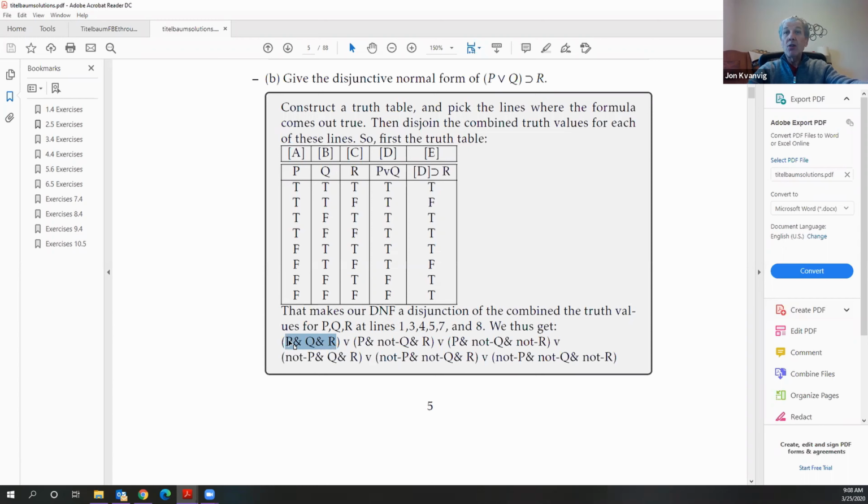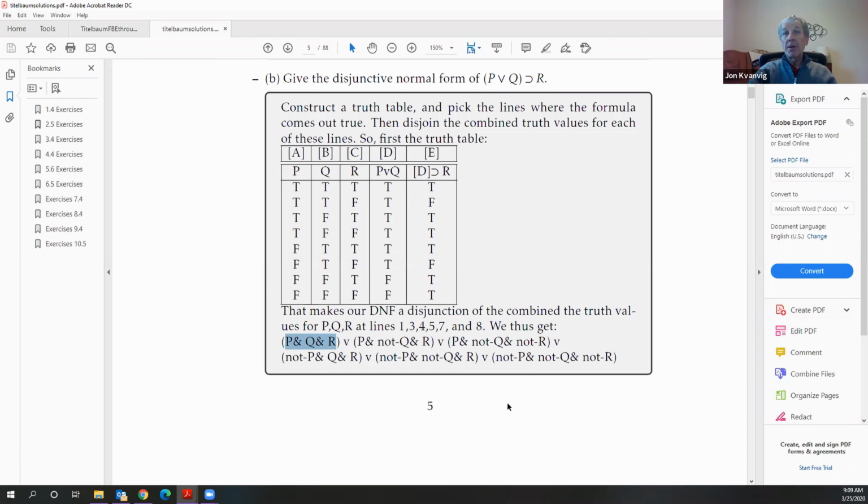But if you know the probability of each of the big, long combined claims that are conjunctions, and you can factor what the disjunctive normal form is, you might be able to get some help solving problems. So disjunctive normal form is not just a technical term that we define just because we can, but it turns out to be useful, and you will see this pop up in some homework later on.